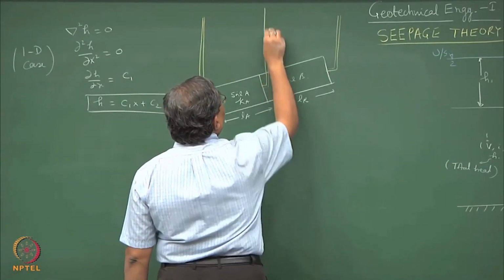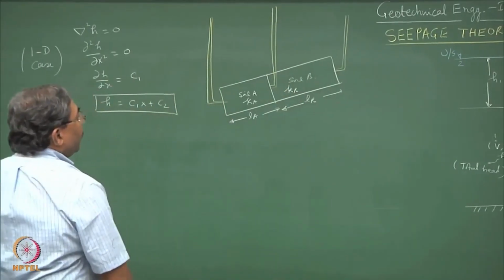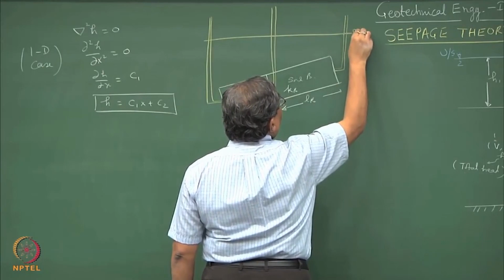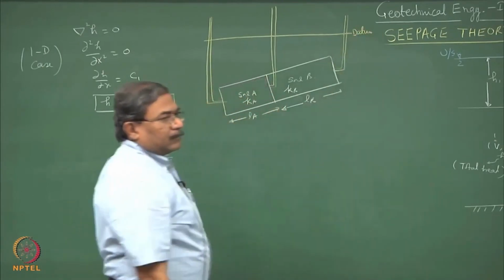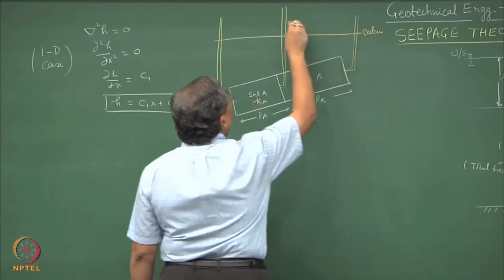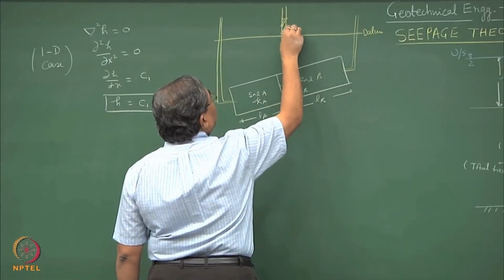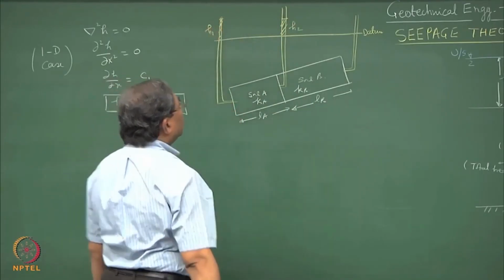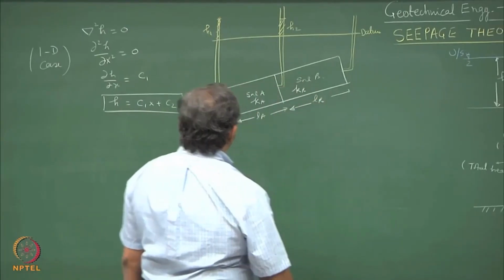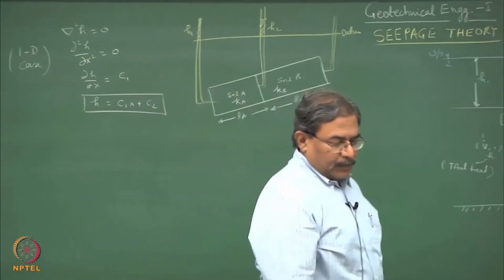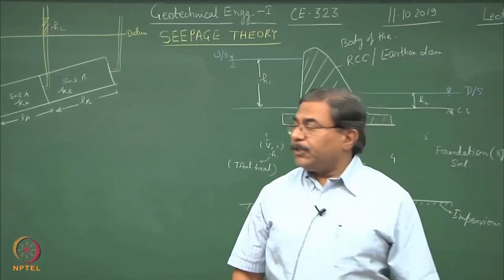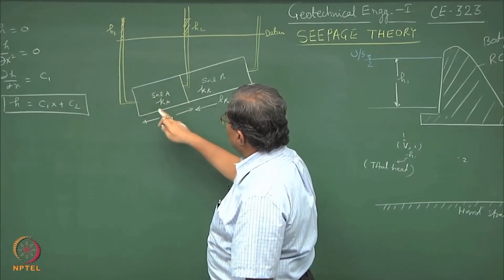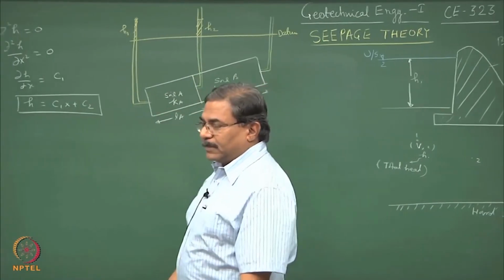So, these are the piezometric tubes. Somewhere here I can take the datum, and with respect to this datum, this is H2, this is H1, all right. Now, try to find out the discharge and the hydraulic gradients which exist in soil mass A and soil mass B of different lengths.